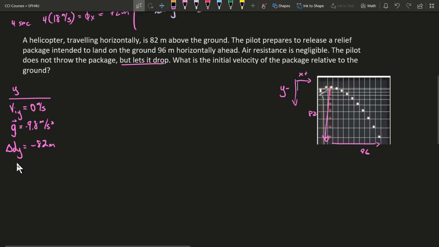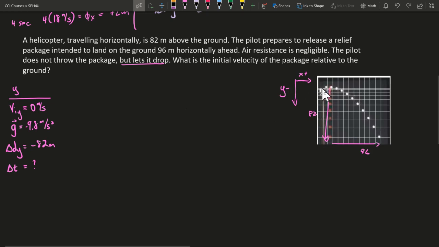And now the question is I've got other variables. I could find how long it takes for the thing to fall that far. And then I could back calculate based on that, knowing how long it takes for it to fall, and then knowing that it needs to travel 96 meters forward during that length of time, I could then back calculate my initial horizontal velocity.